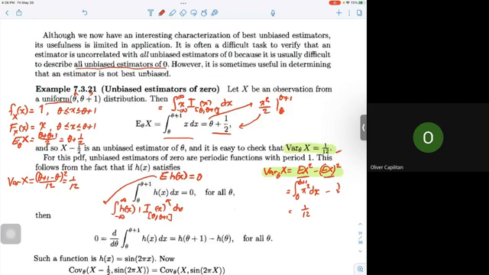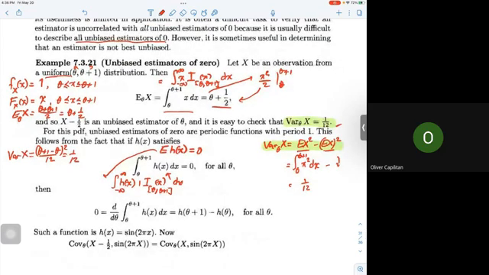Because we want to find the unbiased estimators of 0, for all theta. Take note, that is for all theta. Meron ako nakalimutan dito na part. And so, x minus 1/2 is an unbiased estimator of theta.